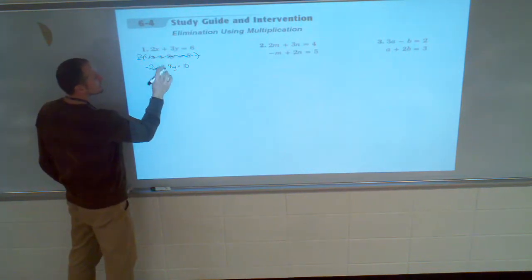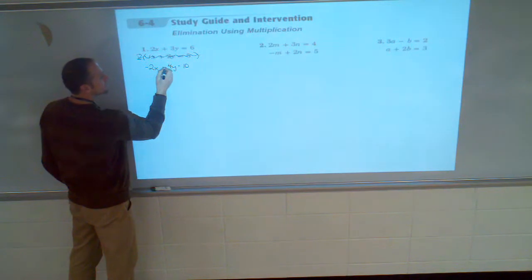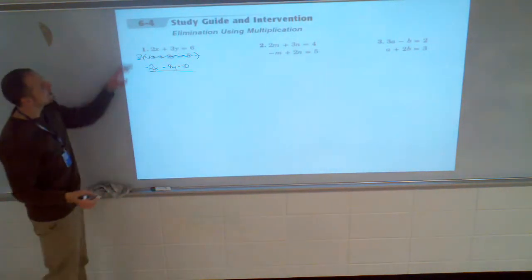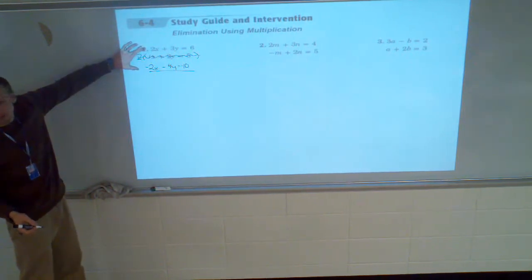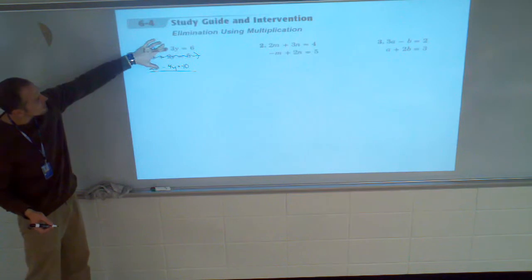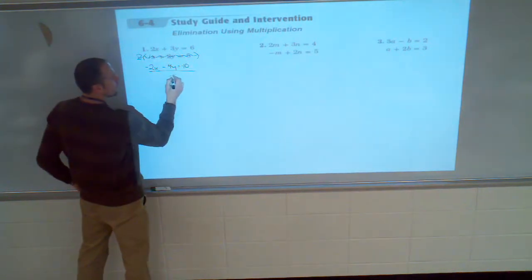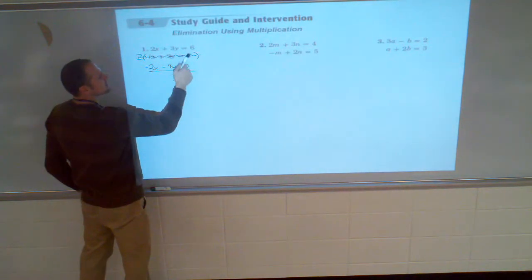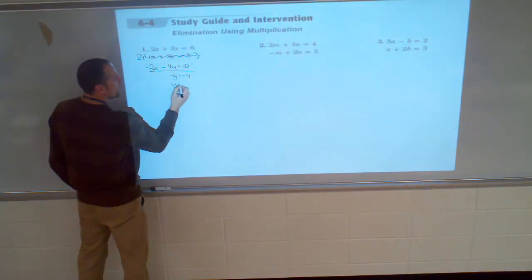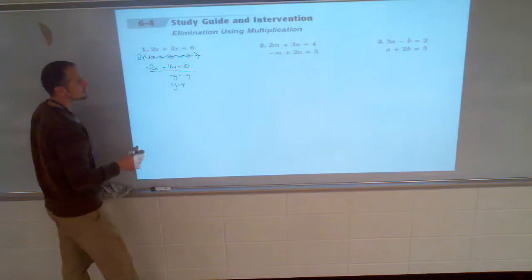Minus 2x, minus 4x, minus 10. 2x minus 2x is 0. 3 minus 4 is negative 1. And 6 minus 10 is negative 4. So, y would be equal to positive 4.